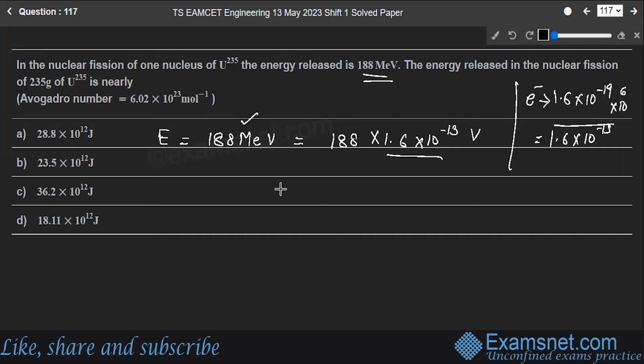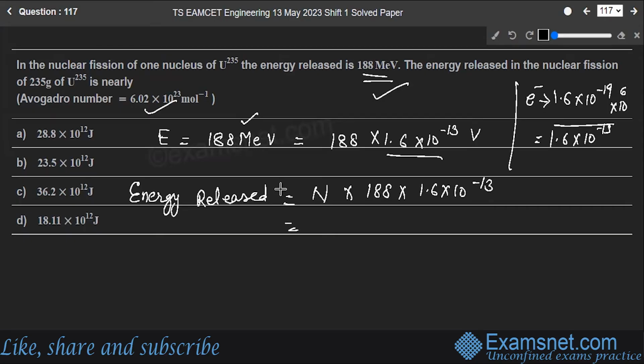So the total energy released will be the number of nuclei multiplied by the energy released by one nucleus. N is your Avogadro's number.